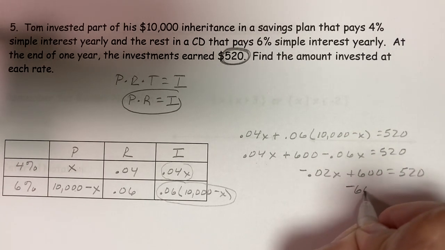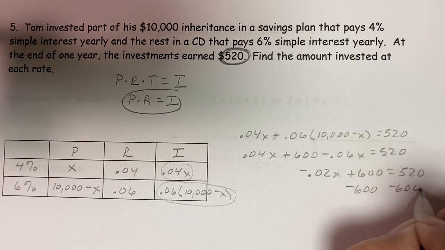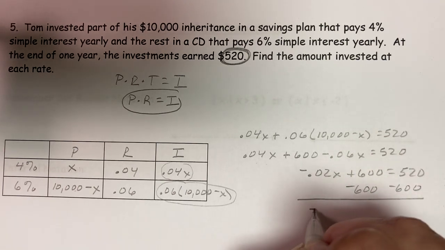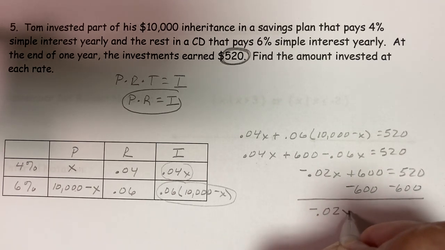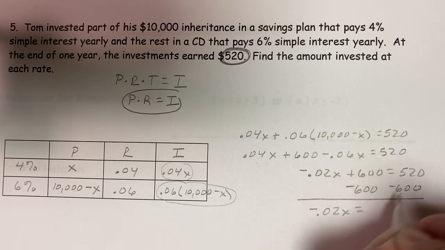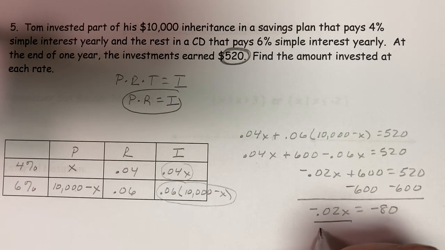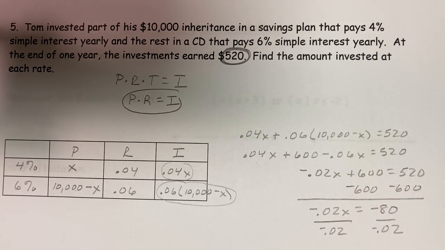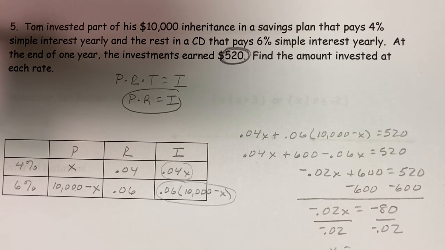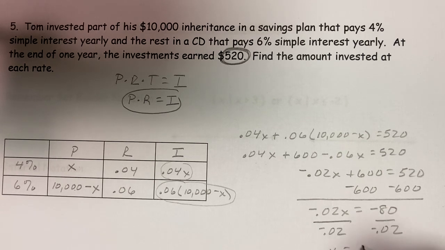Let's subtract 600 from both sides. So negative 0.02x is going to be equal to 520 minus 600, which is negative 80. And if I divide both sides by negative 0.02, use your calculator, and you can see that you get 4,000.